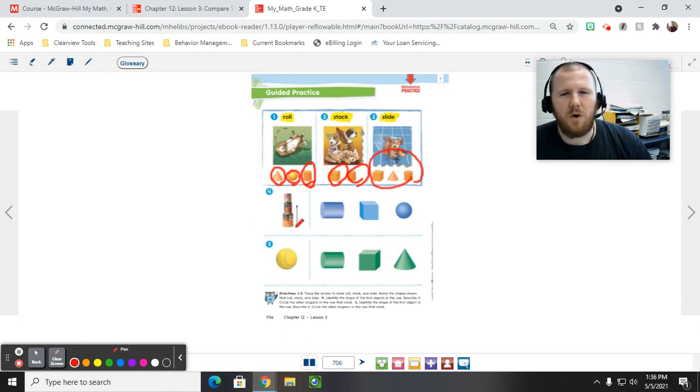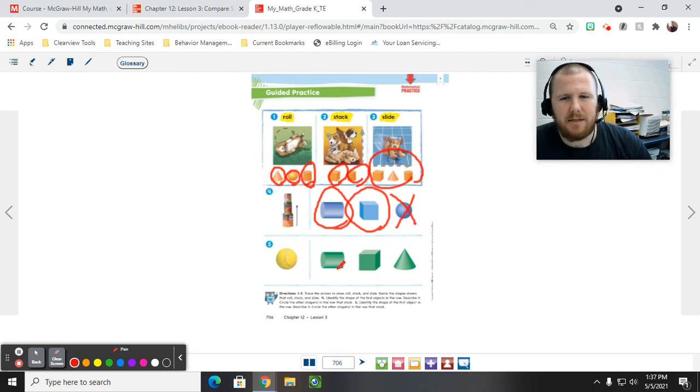So number 4, they want us to see, can they stack? Well, we know this one can stack because we've got the cans there. This one stacks, that's the other one that stacks, but we know this one does not. How about the ball? Does the ball? So identify the shape. This is a sphere. Can it stack?